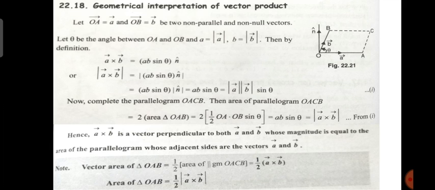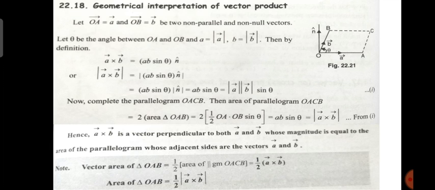So vector A cross vector B is a vector perpendicular to both vector A and vector B, whose magnitude is equal to the area of the parallelogram whose adjacent sides are vector A and vector B.